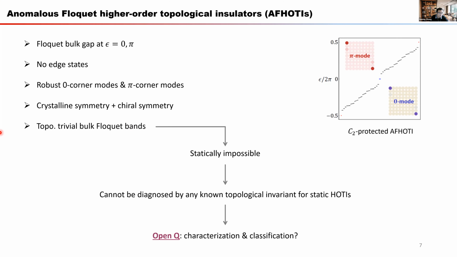But here, due to the requirement, it cannot be achieved statically. This also implies that this kind of phenomenon cannot be diagnosed by any known topological invariant that has been developed to understand static higher order behavior. So this leads to a very important open question: how can we systematically characterize and classify these AFHOTIs? This is the question that we are trying to answer in this work.